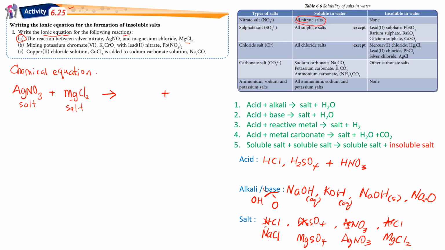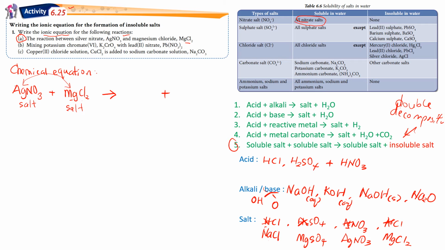So it will undergo reaction number 5 here. A soluble salt and a soluble salt will form a soluble salt and an insoluble salt. This reaction we call double decomposition, or precipitation. They will exchange their metals.